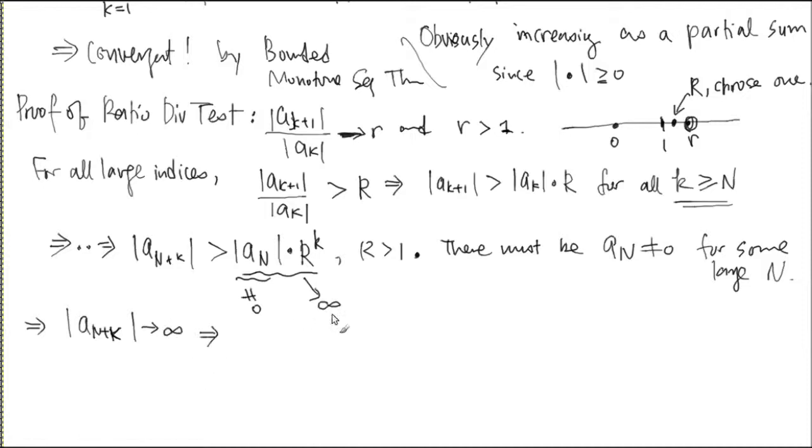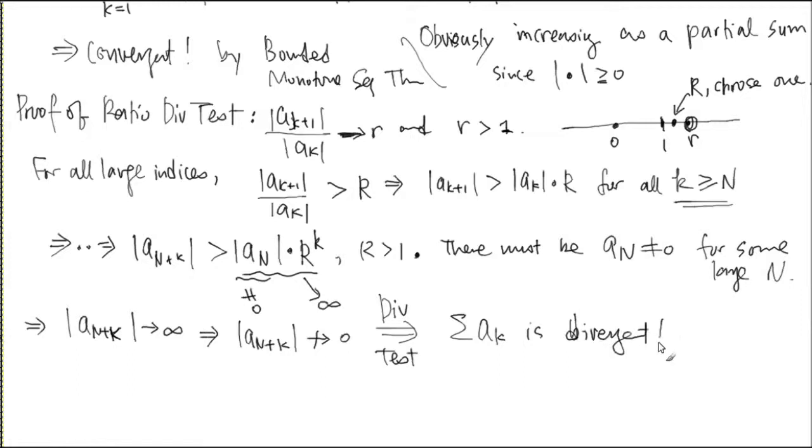But all we care is that this a_{n+k}, the tail term, is not approaching 0. By the divergence test, what does the divergence test say? If the tail is not approaching 0, you have a definite conclusion. It's divergent. The series a_k is divergent. Right? So that's how you conclude that.